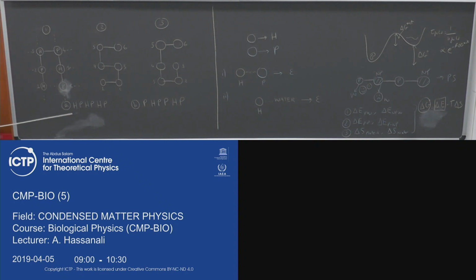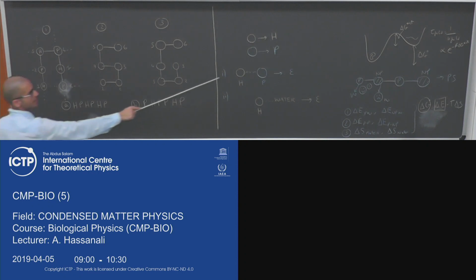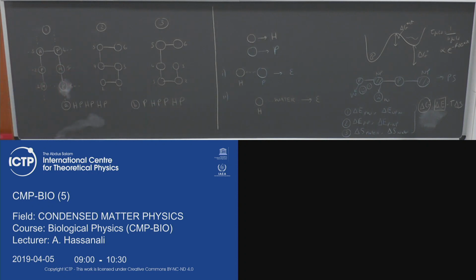I'm defining the sequence to be that, so no surprise. Nearest neighbors like this, in the way that I've drawn it, are covalently linked to each other. So I have no choice. So that's fixed.